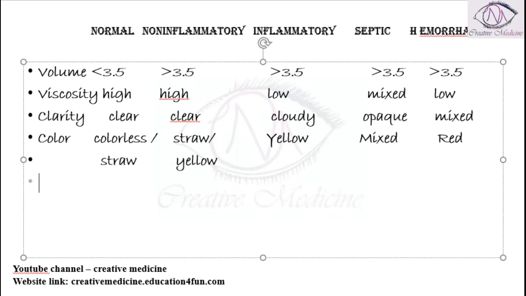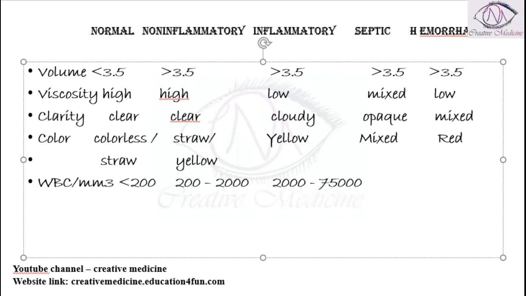Right. Next, after color, WBC per millimeter cube. WBC per millimeter cube is less than 200 in normal synovial fluid. In non-inflammatory synovial fluid, it is 200 to 2000, whereas in inflammatory synovial fluid, it is 2000 to 75,000.